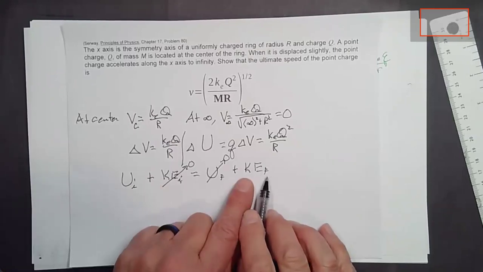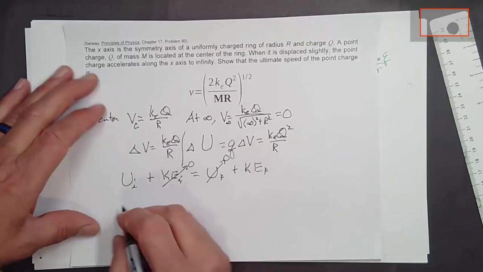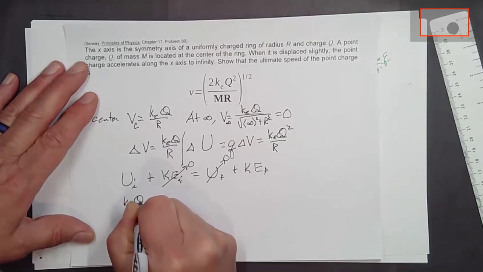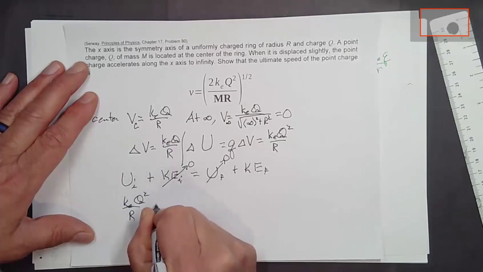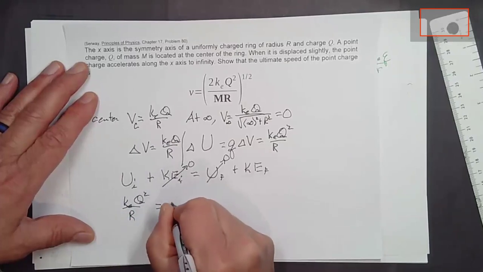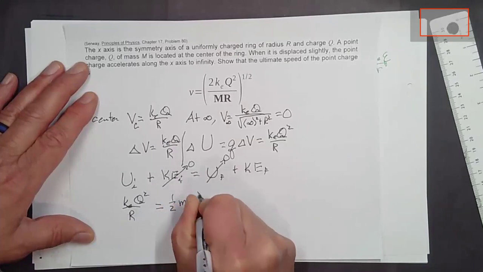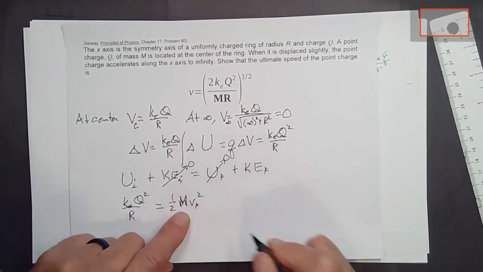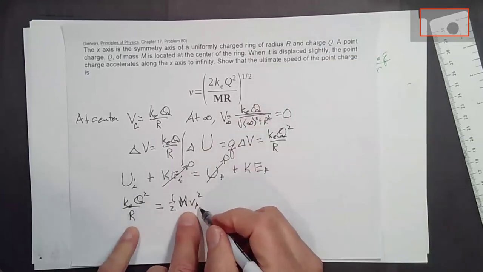Well, the final kinetic energy is going to equal the initial electric potential energy. So the initial electric potential energy is going to be K sub E Q squared over R. And the final kinetic energy is going to equal 1/2 M v final squared. Oops, it says the mass is capital M, not little m. All right, well, let's just solve this thing.